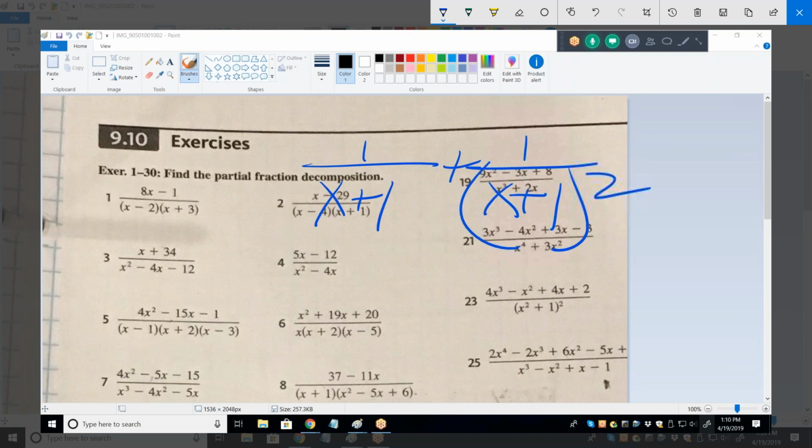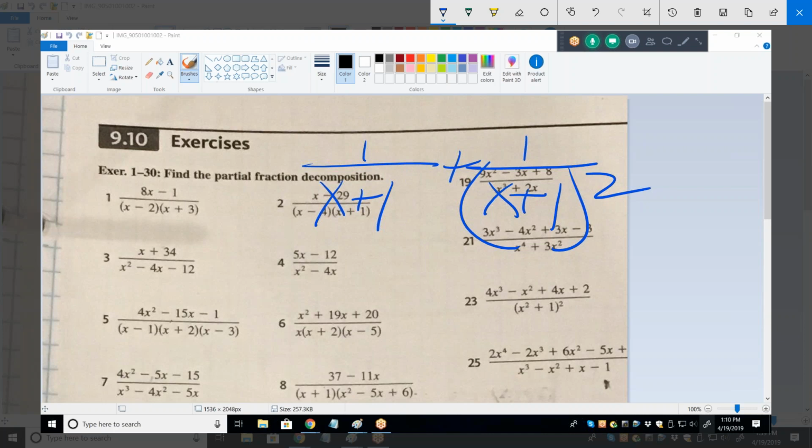Let me see. Well, what's the common denominator? x squared plus 1 squared. Correct. Notice that I did not multiply both denominators together. That's the difference.